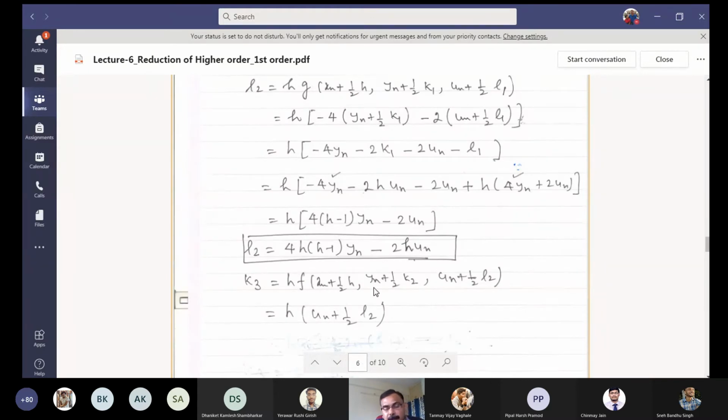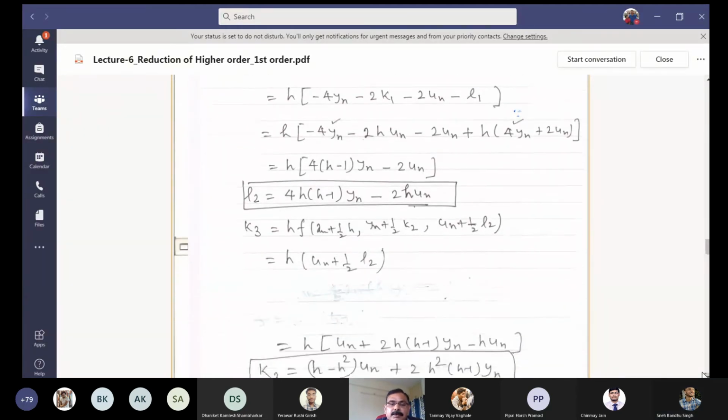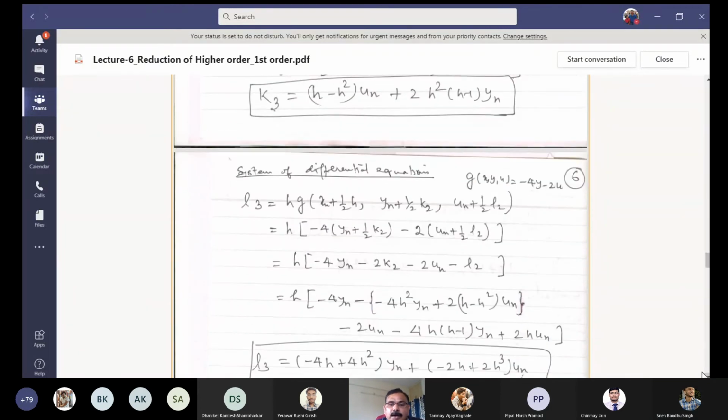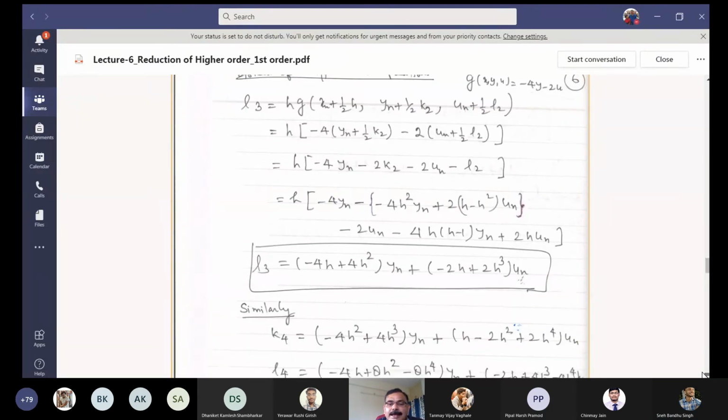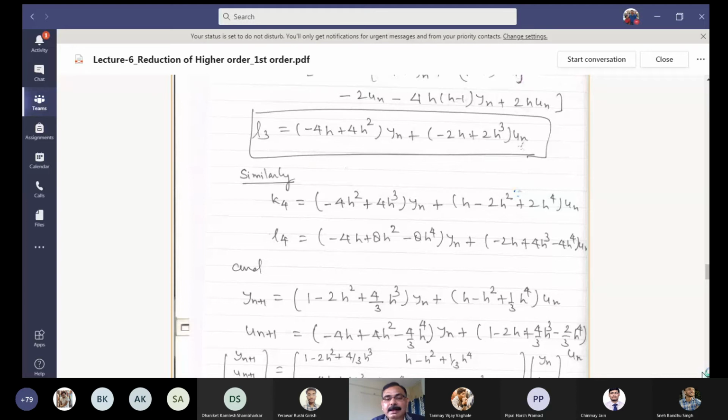Next, you go for K3. First you calculate K3, then you calculate L3. And then similarly you go for K4 and then L4. Once all these are available, then only you can proceed further, right?